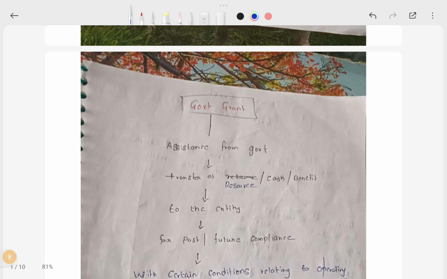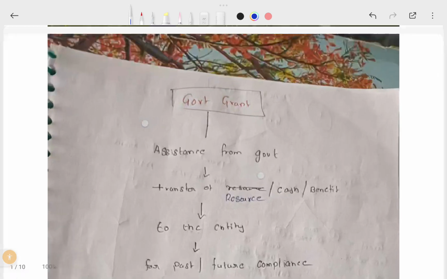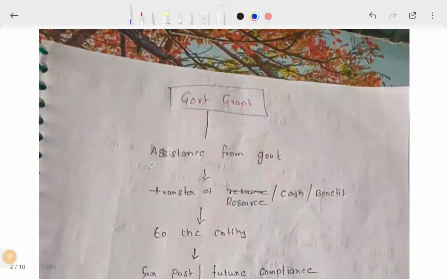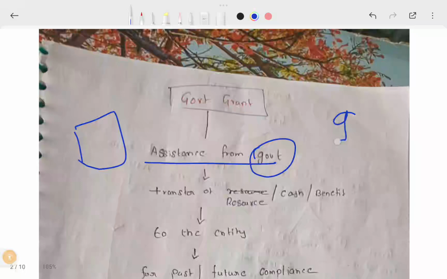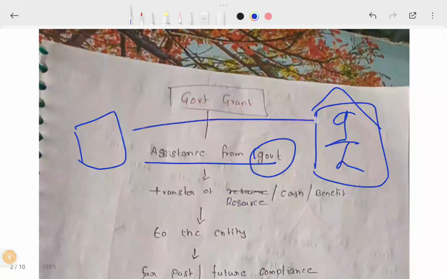Let's break it down. A government grant means there should be some assistance to the entity from the government. You get some benefit from the government. What kind of benefit? Either a transfer of resources, like, it is a government entity and you sit in the company, there should be a transfer of what? Resources. What kind of resource? Either cash or benefit.